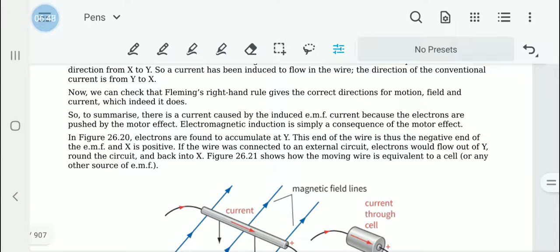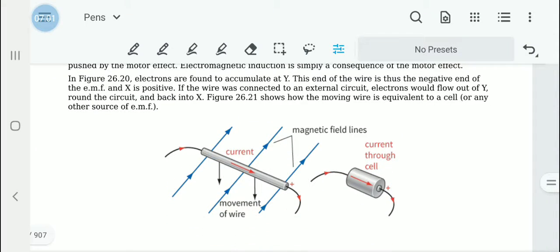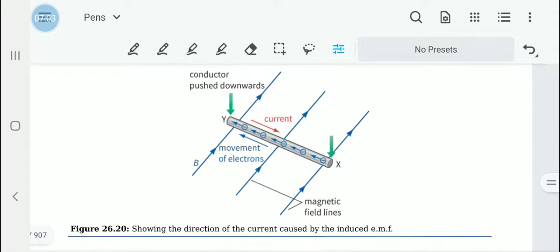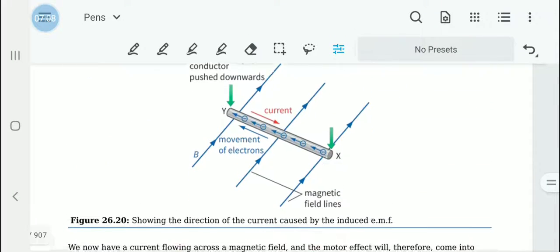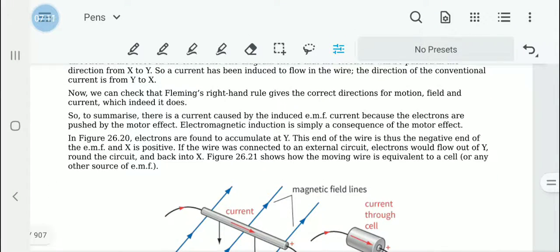So as a result, we say that electromagnetic induction is a consequence of the motor effect. Then at Y, we can see in this diagram, in the earlier diagram, that if the electrons are moving to that edge, electrons will get accumulated at Y. Therefore, it is going to be the negative end of the EMF, and X is going to be the positive end of the EMF.